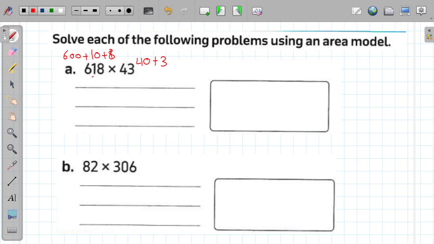I have here 3 and here I have 2. So 3 times 2 equals 6. So I will cut the rectangle into 6 parts like this. Okay. So I will make 2 rows and 3 columns.